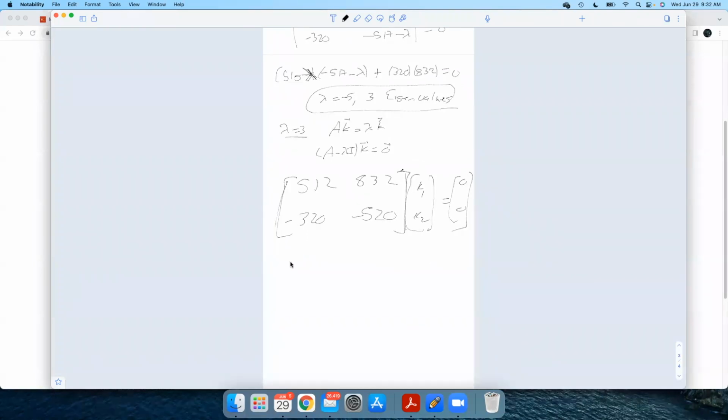And here we get 512 K1 plus 832 K2 equals 0. Just take this row times this column, and that will equal this element. So that means 512 K1 equals negative 832 K2. So K1 is negative 832 over 512, assuming all my arithmetic is correct.